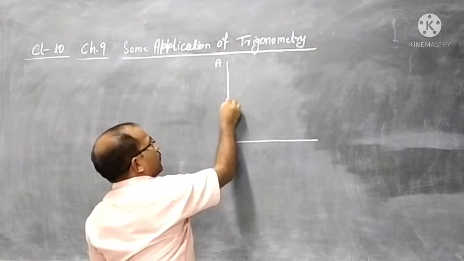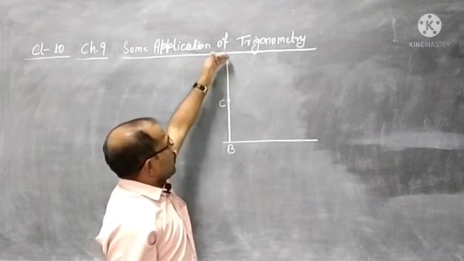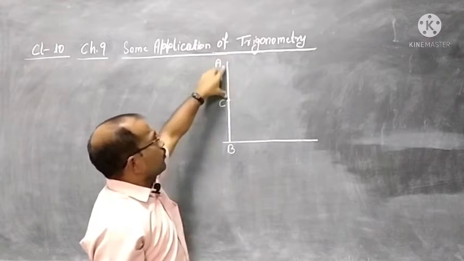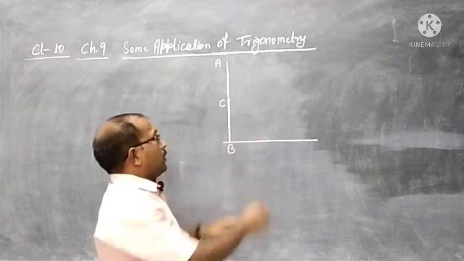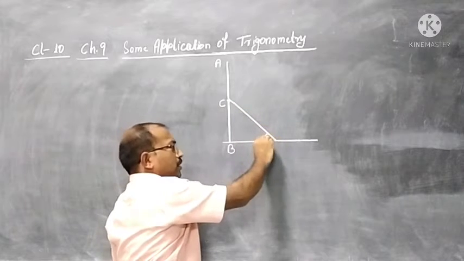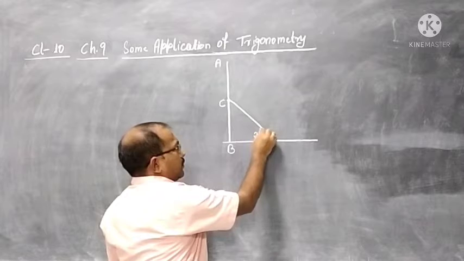it gets bent from a point C, and this top part is getting broken and then bending and touching the ground, making an angle 30 degree with the ground.